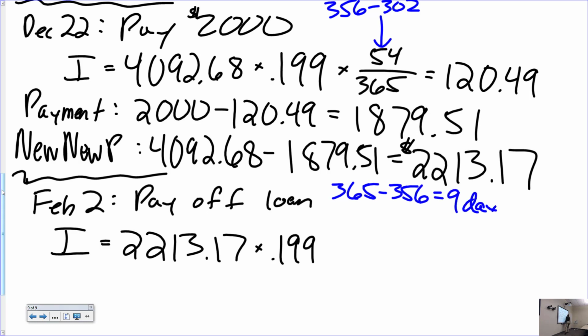And then you add 33. Remember we were talking about this. So 9 days left in 2017, from December 22nd to December 31st, plus the 33 days in 2018. 42 days.